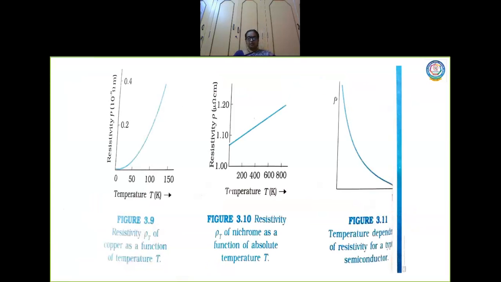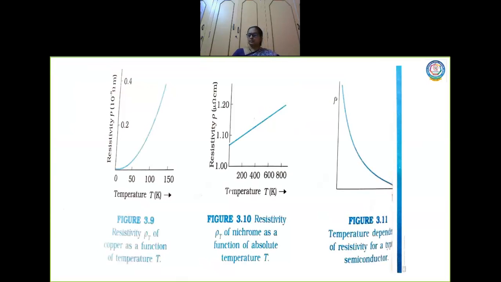Next, we are going on to a very, very important topic, which is called temperature dependence of resistivity. So, how the resistivity varies with temperature. The topic itself is named temperature dependence of resistivity, and we are going to arrive at some formulas here, which I will be discussing.